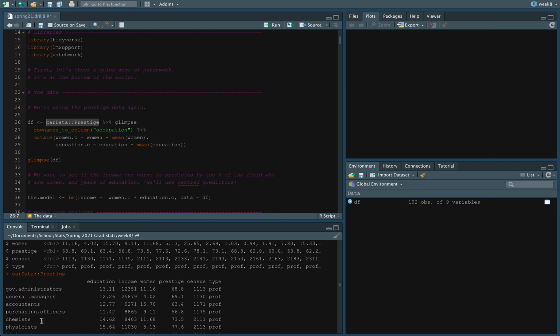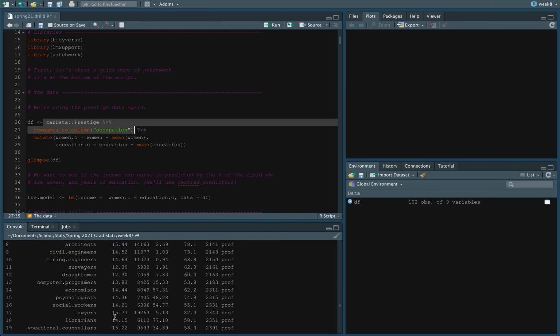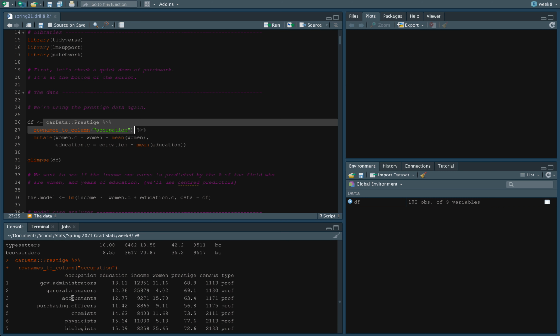But that's not a usable variable. You can't use that to label things. So the first thing that we do is pipe the raw data frame into rownames_to_column, and all that does is pull out these row names and give them the name occupation. And so that's where our 7th column comes from.